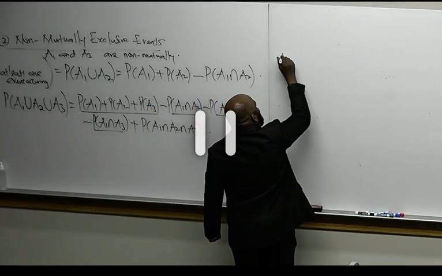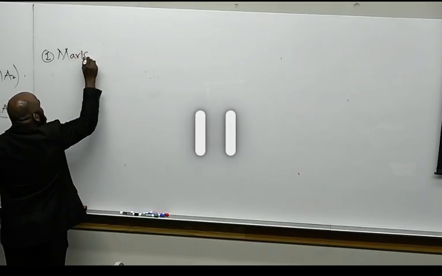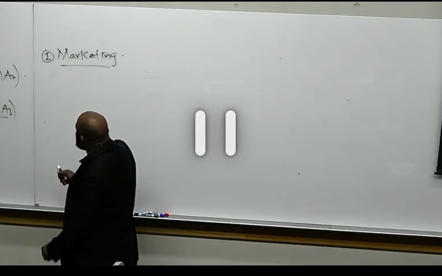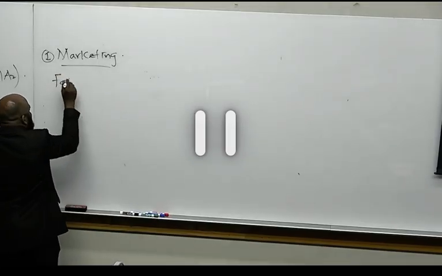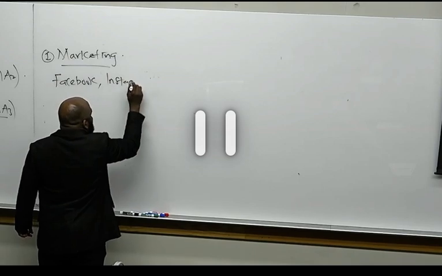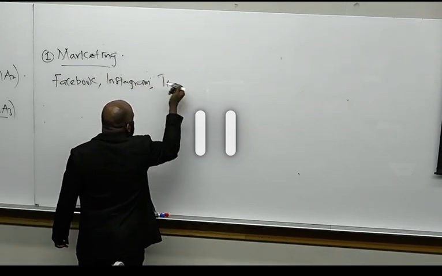Let me go into a real world example. Let me take the example from number one, marketing. A particular company is trying to reach out to customers on different social platforms: Facebook, Instagram, maybe TikTok.